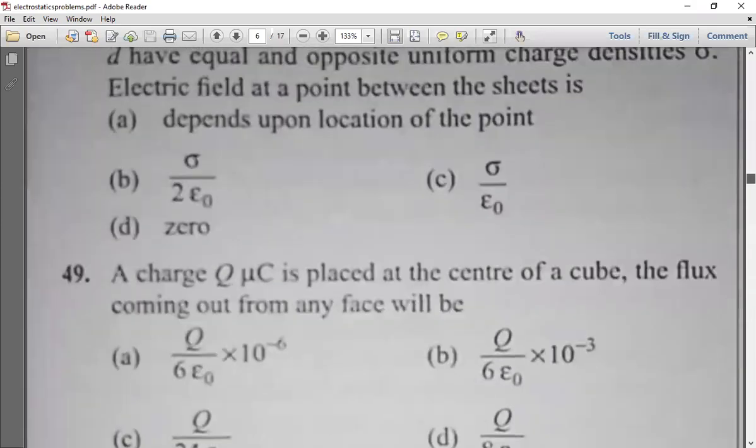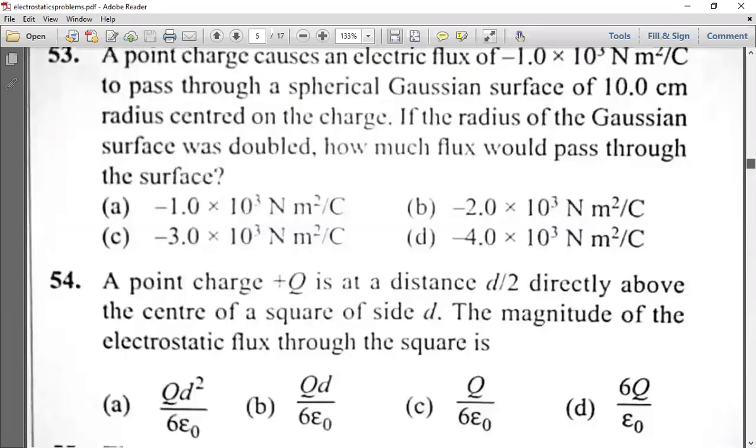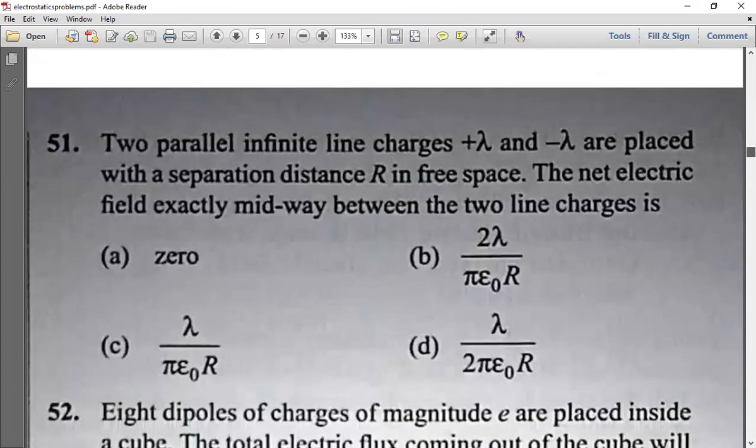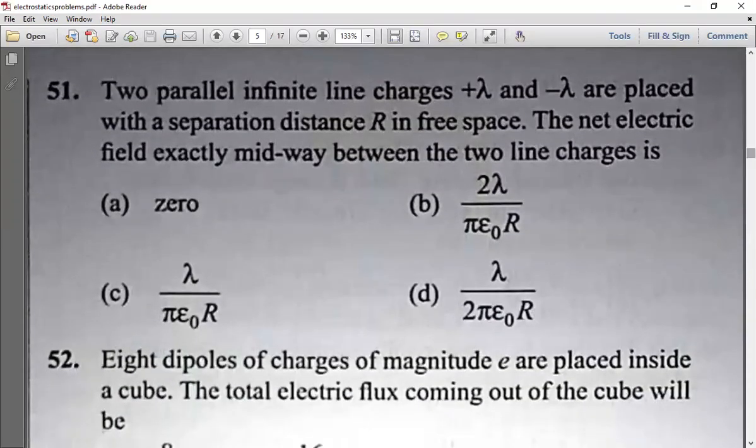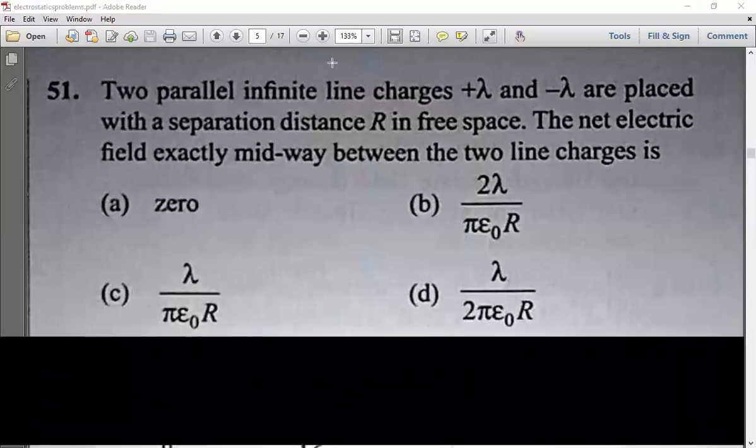Question number 50 is done? Yes. Now question number 51 we have to see. So see here, question number 51. What he is asking you: two parallel infinite line charges plus lambda and minus lambda are placed with separation distance r.